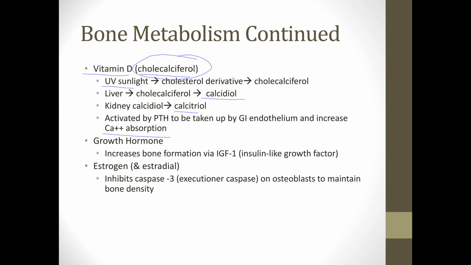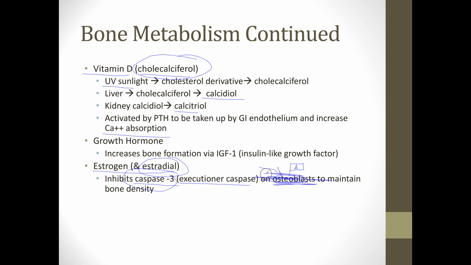Another important thing with bone metabolism is estrogen. Estrogen, as long as it's around, the active form of estrogen in the body is estradiol. It inhibits the apoptosis enzyme, caspase 3. So if osteoblasts become worn out or tired, they will put up an apoptosis flag, like, come kill me, I'm tired, I don't want to live anymore. And then caspase 3, the executioner caspase, comes and kills the osteoblasts.